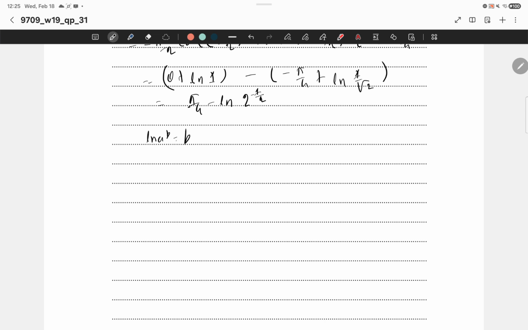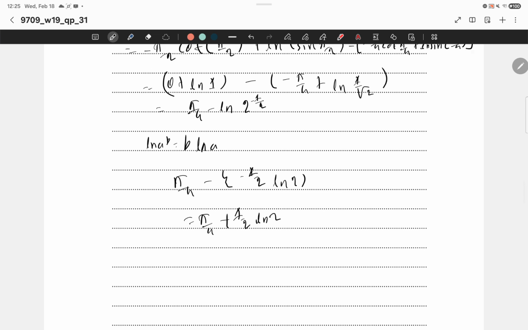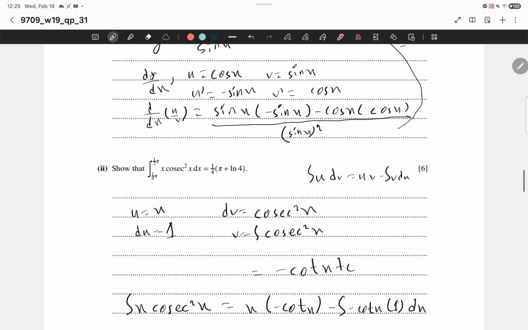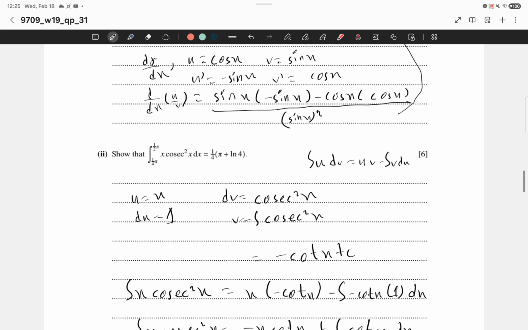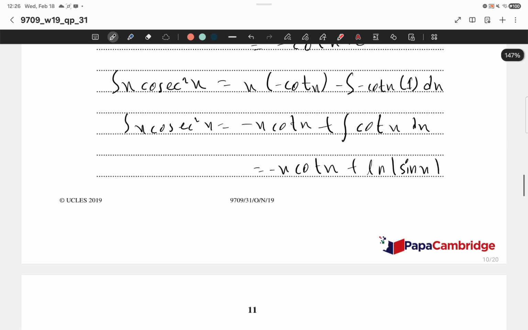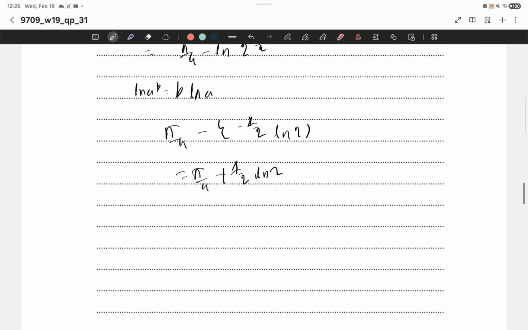So it will be 1 by 2 minus 1 by 2 ln 2. It's pi by 4. What did they ask for? I think if we take 5, it will be 1 plus ln 4.